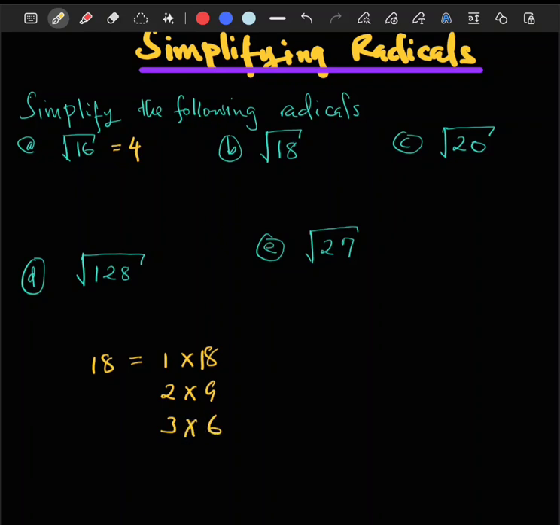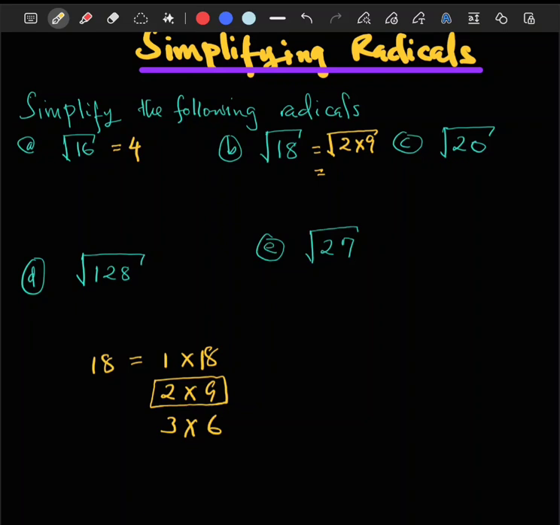Now, choose the pair that has a perfect square. That is this one, which has 2 times 9, and that is the one that we want. So we're going to write square root of 18 as square root of 2 times 9.